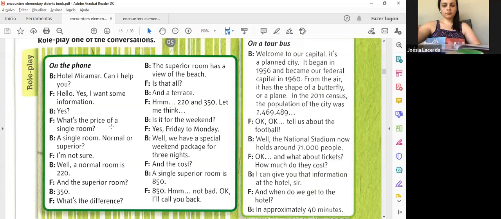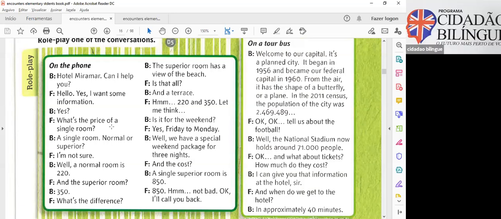The superior room has a view of the beach. Is that all? And the terrace. 220 and 350. Let me think. Is it for the weekend? Yes, Friday to Monday?